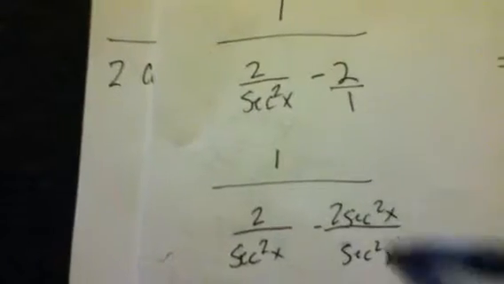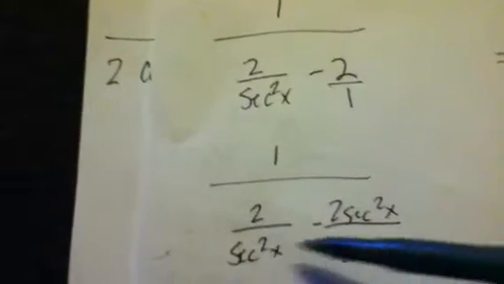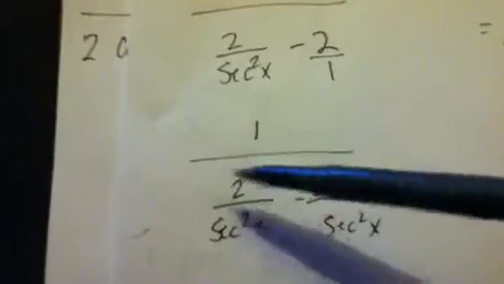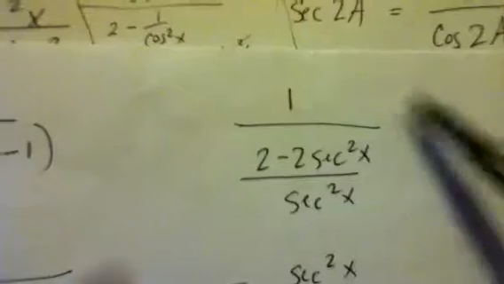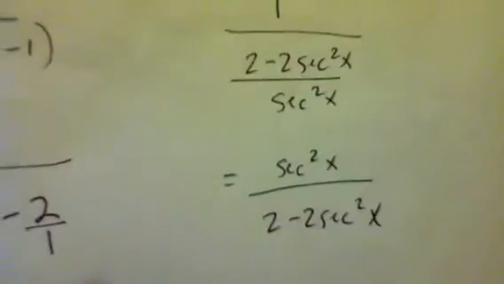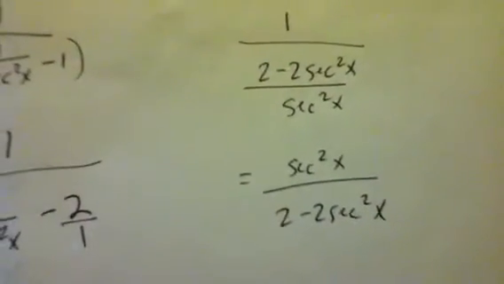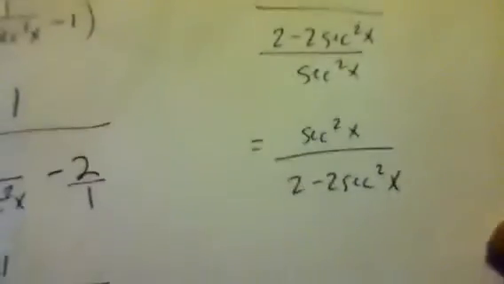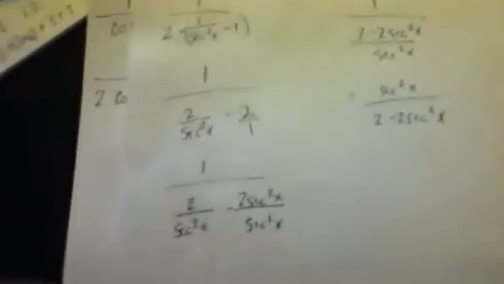Hopefully you're understanding the fraction math. And that's where that one came from. And then I'm just writing it as a single fraction. It'll be 2 minus 2 secant squared x all over secant squared x right here. And then you do that thing where you bring it up and flip it upside down. And there it is, and it's done. Okay, so you do it with your own style, but this way worked.